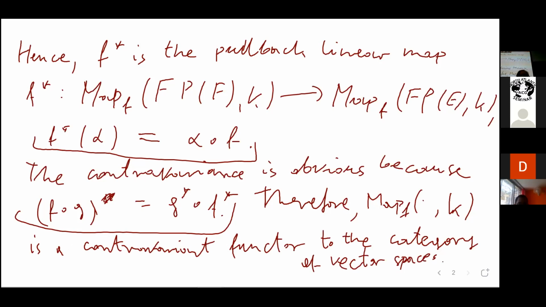So it means that what remains to be done, and this is a nice calculation, is that indeed this F star is a homomorphism of path algebras. That's not obvious. This has to be computed. Okay.